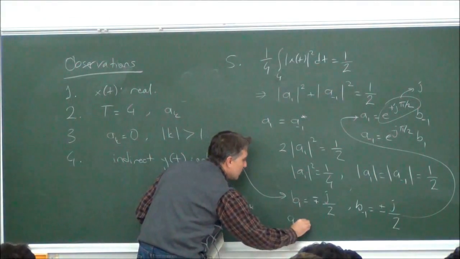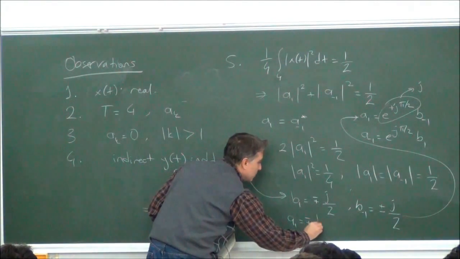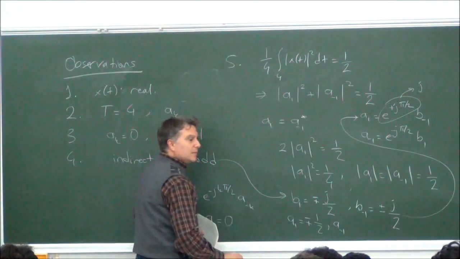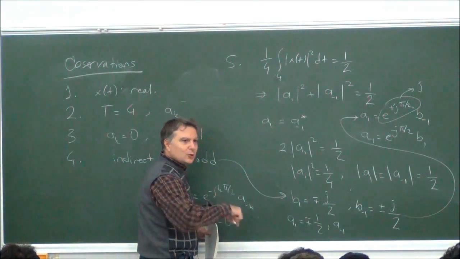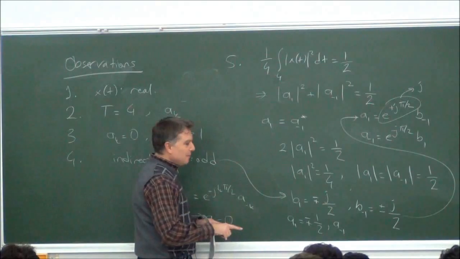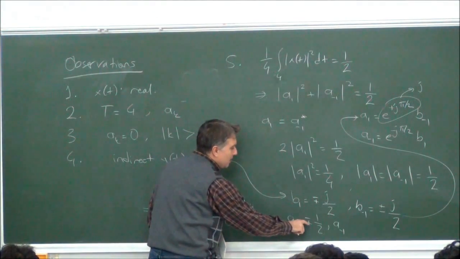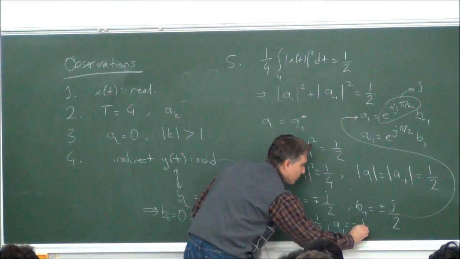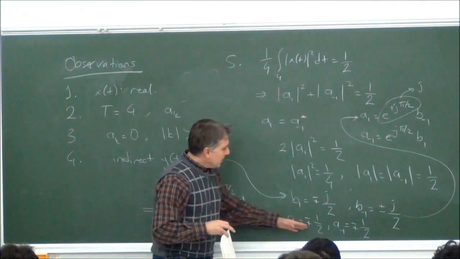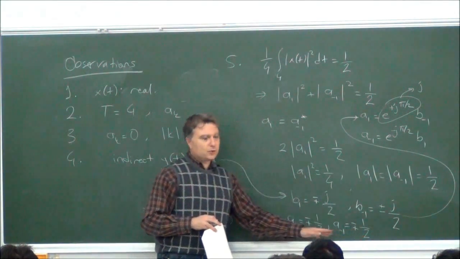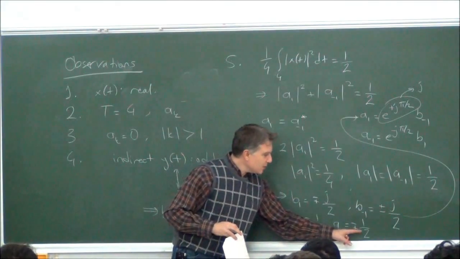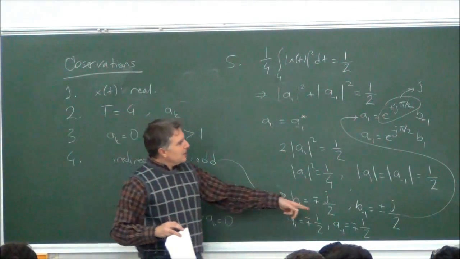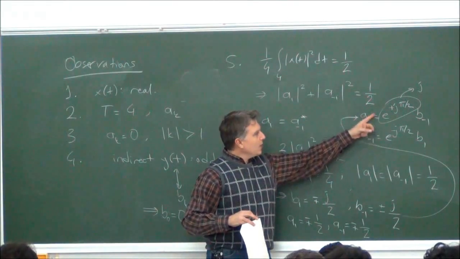So a1 is equal to plus or minus 1 over 2, and a minus 1 is also the same sign value of plus or minus 1 over 2. If this is plus 1 over 2, this is also plus 1 over 2. If this is minus 1 over 2, this one is also minus 1 over 2. So that's what we conclude from these expressions of a1 and a minus 1.